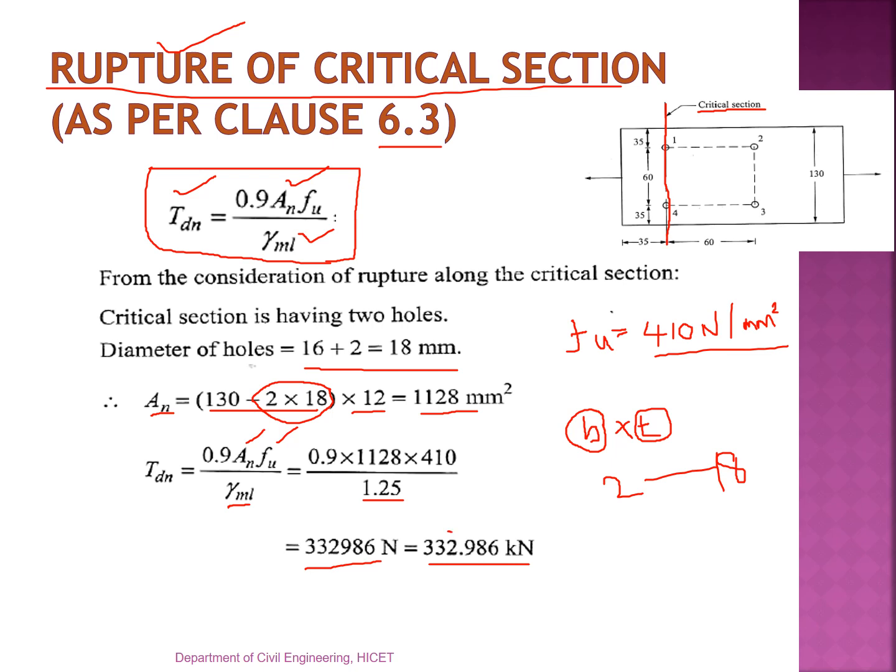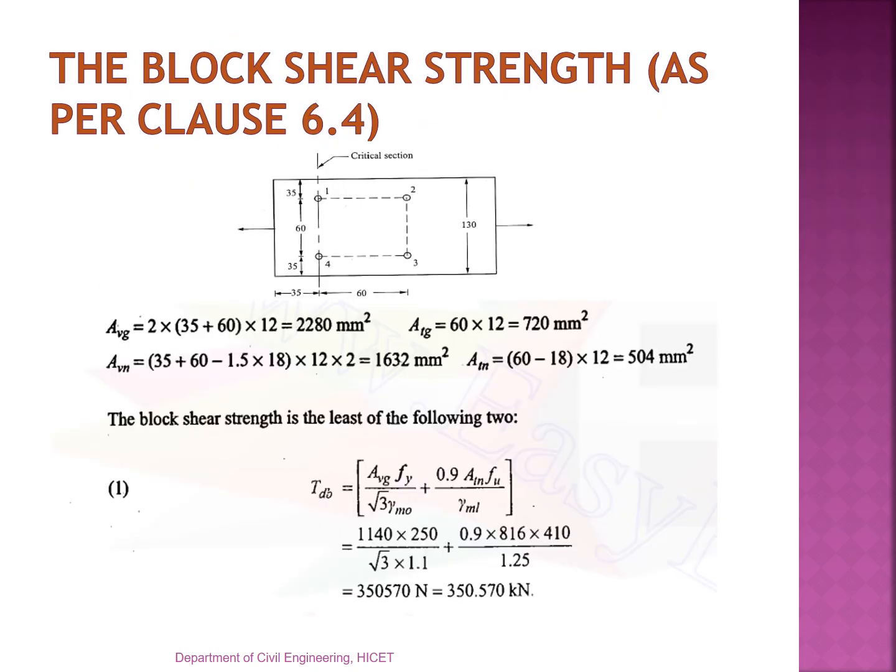So the value is 332986 Newton. In terms of kilonewton, 1 kilonewton is equal to 1000 Newton. So the value of design tensile strength.